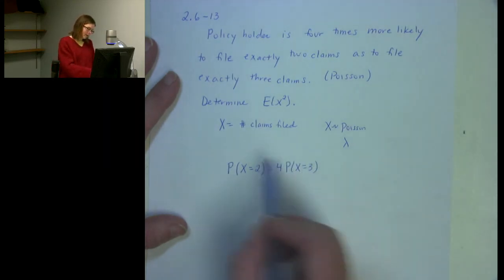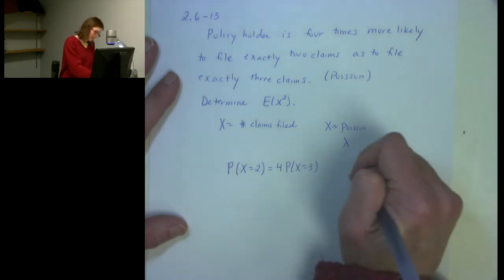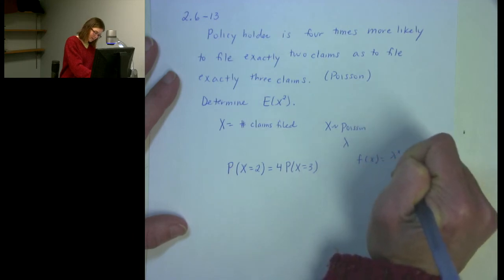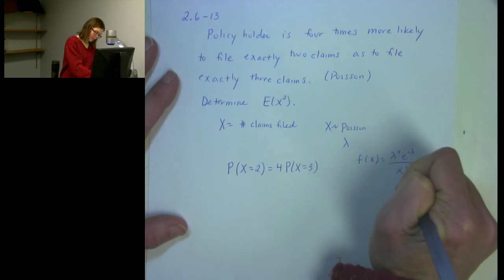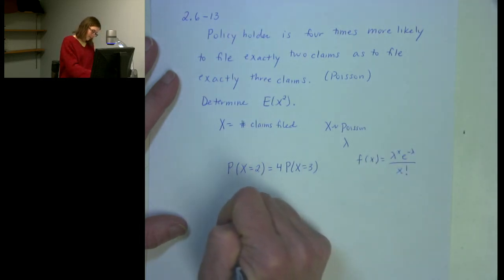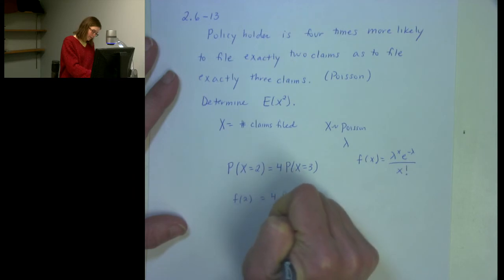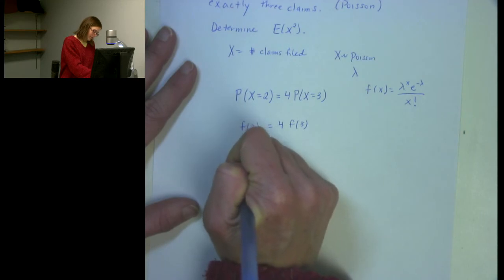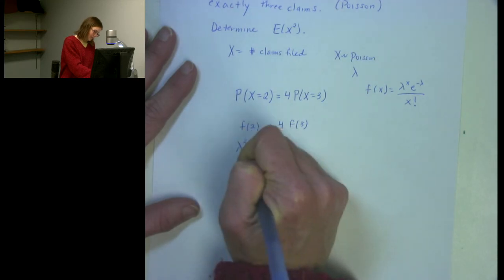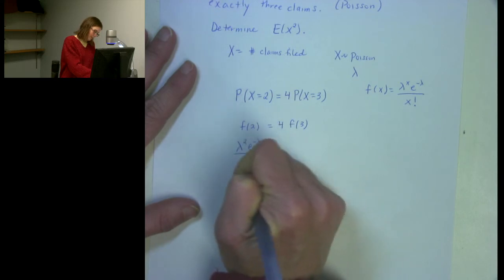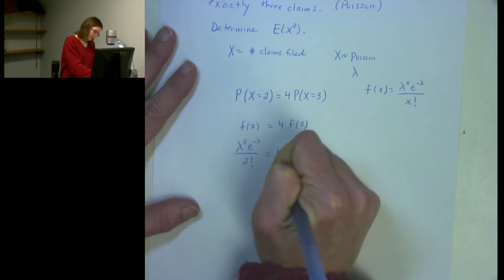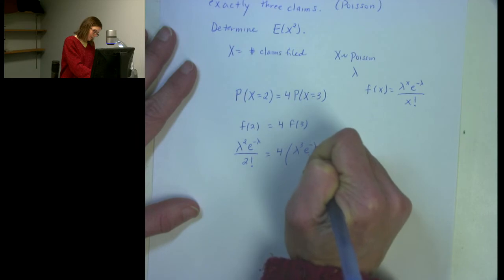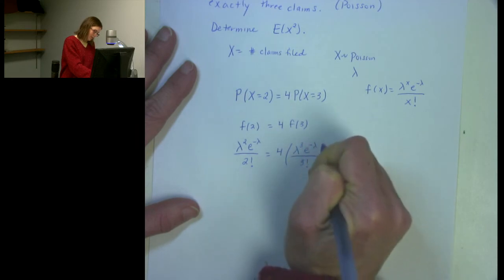We can use our probability mass function for the Poisson distribution, which is f of x equals lambda to the x e to the minus lambda over x factorial. So this is f of 2 equals 4 times f of 3, and I can substitute in: lambda squared times e to the minus lambda over 2 factorial is going to be equal to 4 times lambda to the 3rd power times e to the minus lambda over 3 factorial.